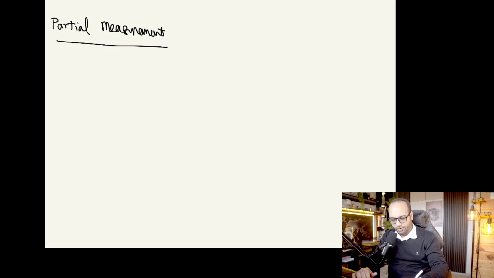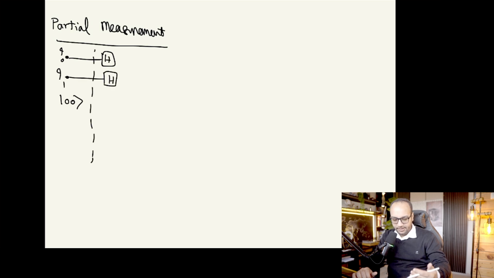So let's see then the following example. If we have a 2-qubit quantum computer, both initialized in the ground state, the state will be ket 00. If we apply the Hadamard gate, then we end up having two superpositions. We have the superposition for the first qubit and the superposition for the second qubit.